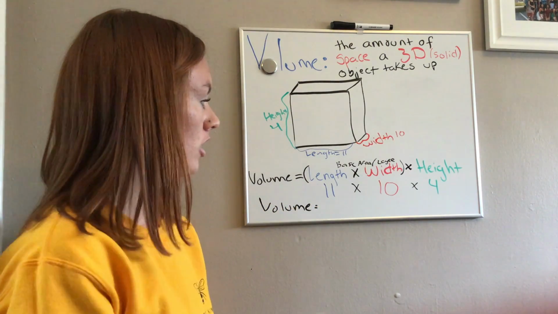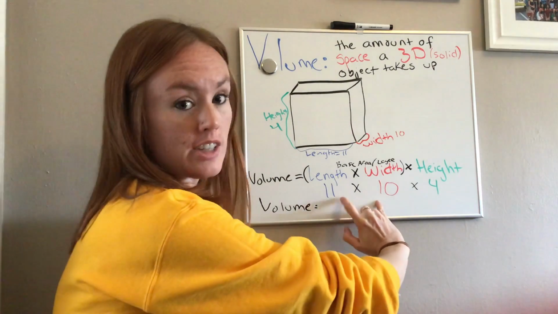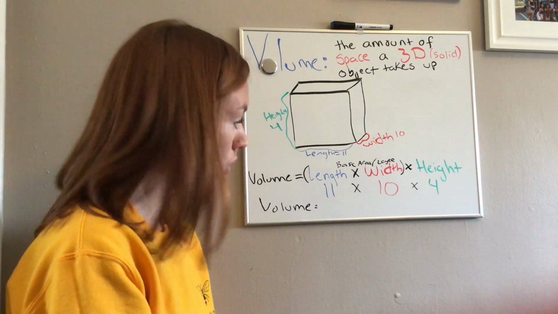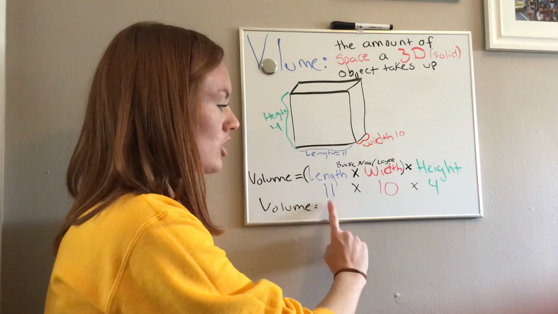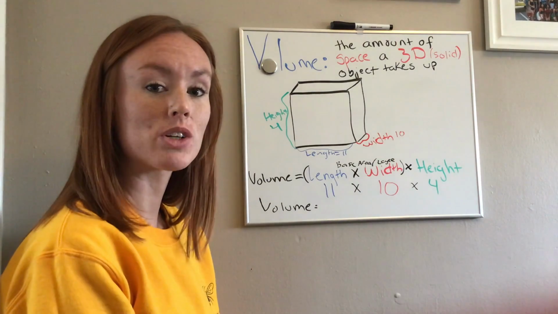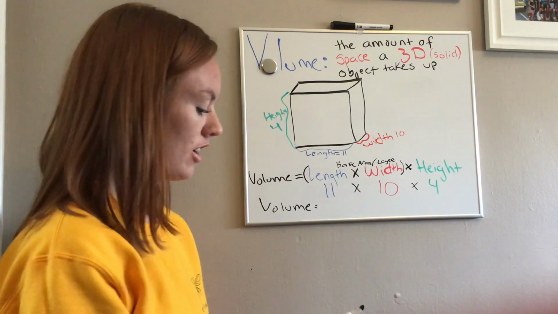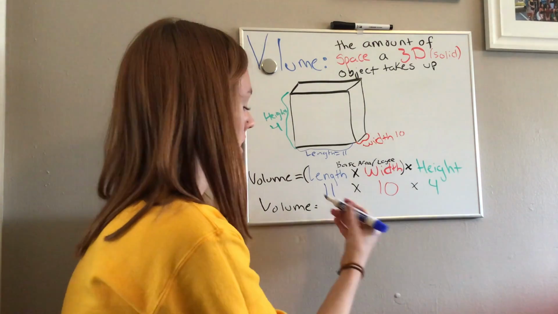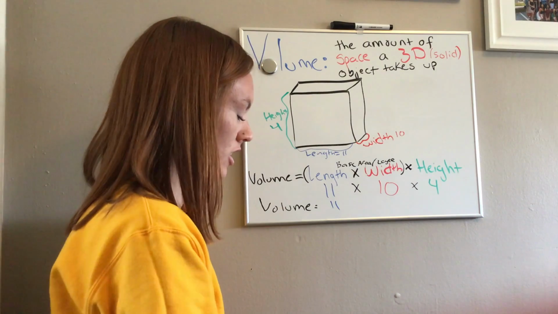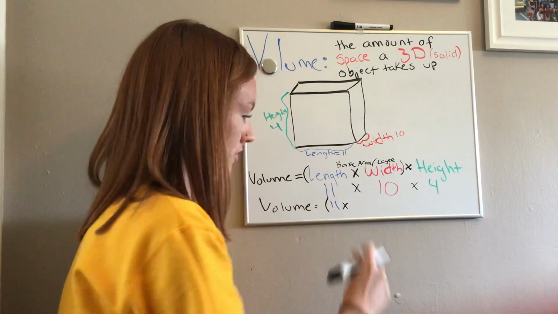Now, we're going to find our base area first. Or, since it's multiplication, I can multiply any two numbers together that I think would be easiest to start with. In my opinion, I want to start with 11 times 4.